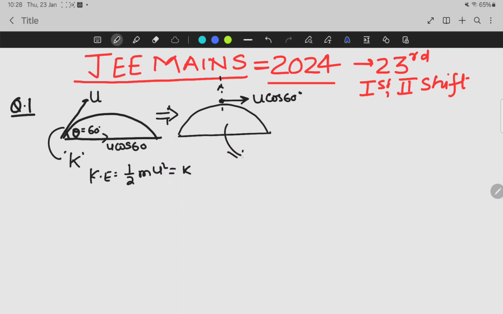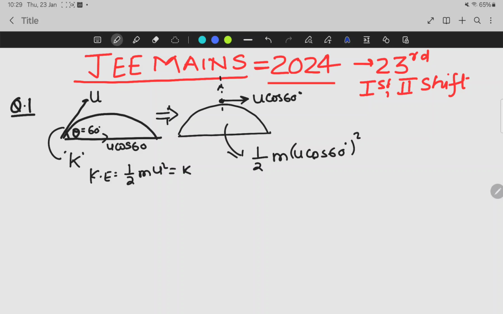Now here the kinetic energy will become half m (u cos 60) whole square, correct?